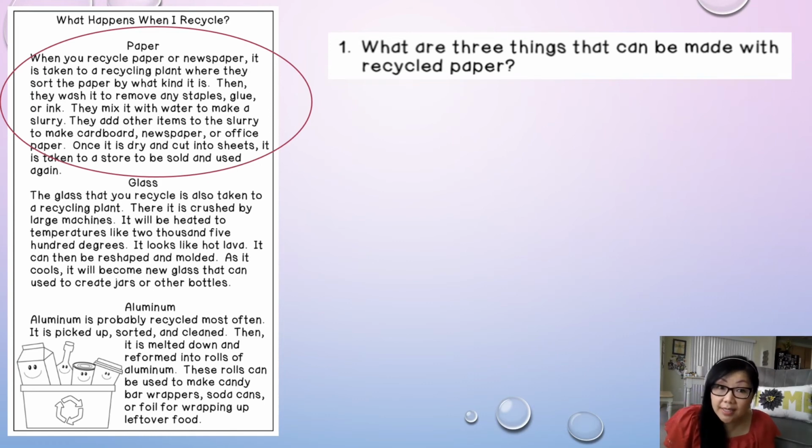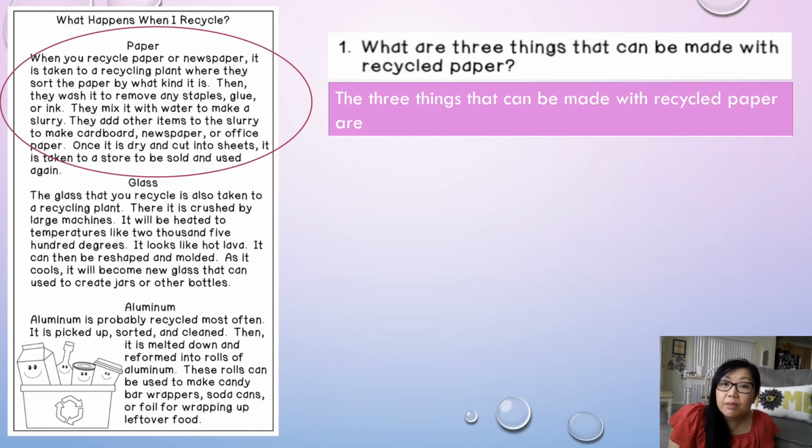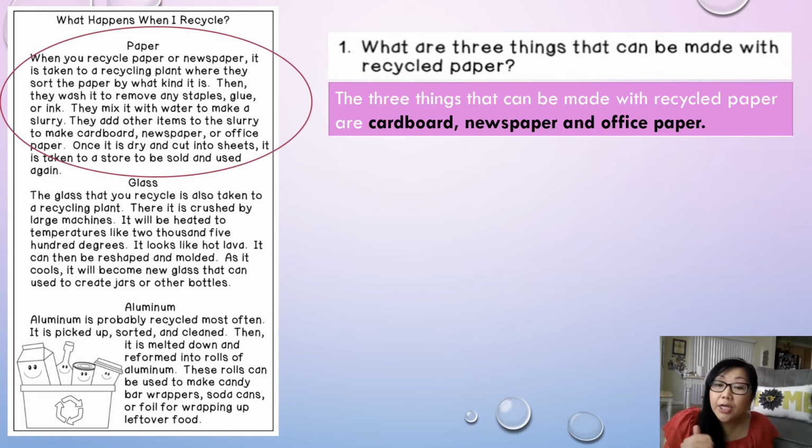Okay, did you see the answer to question one in paragraph one? I did too. Okay, the three things that can be made with recycled paper are cardboard, newspaper, and office paper. I know my answer is correct because I found the answer in this paragraph and I circled the sentence in blue ink, to let you all know that that's where I found the answer.